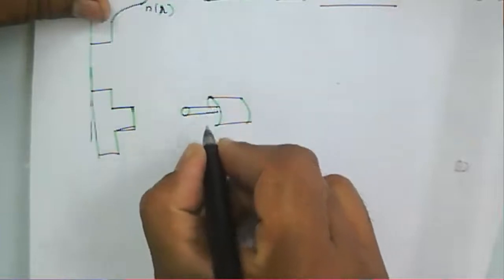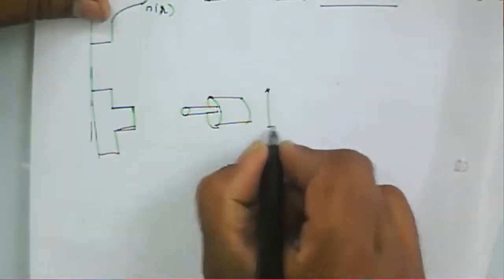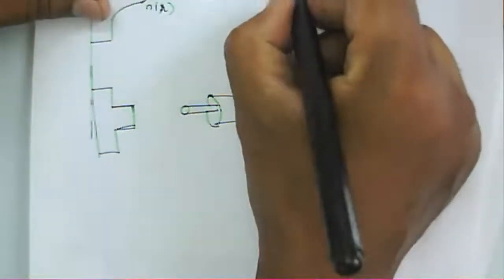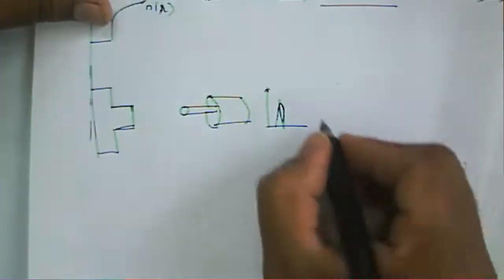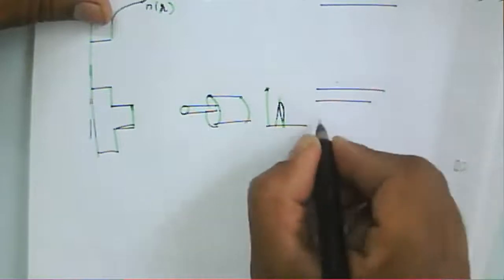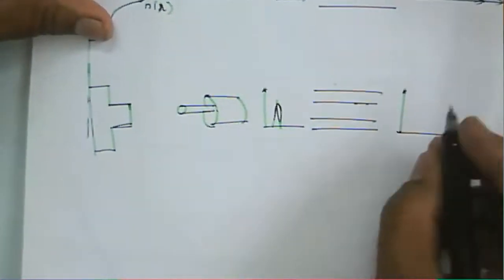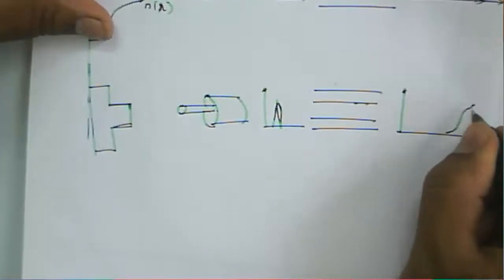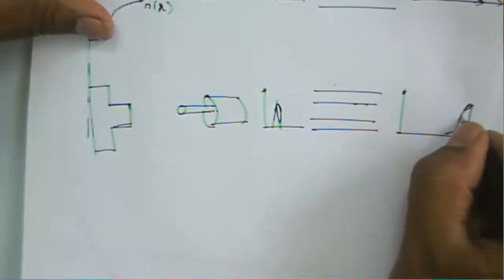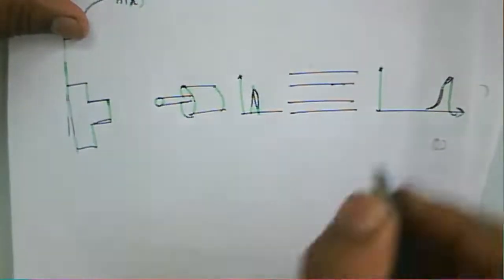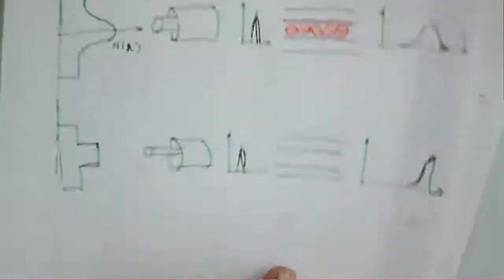This is the optical fiber, and the pulse is transmitted into the fiber. This is the core, this is the cladding, and we receive the pulse. Only a small broadening takes place, very small for the given length of the fiber.